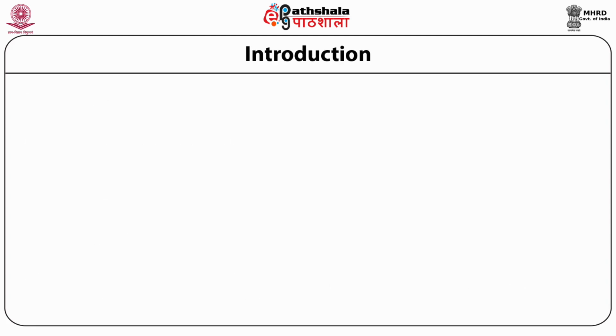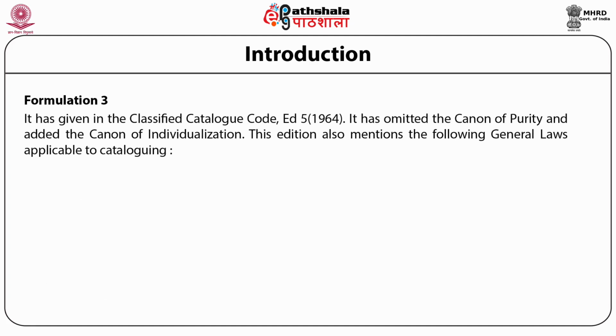The third development, or formulation number 3, is given in the Classified Catalogue Code edition 5, which was published in 1964. In this book, Canon of Purity was omitted and the Canon of Individualization was added. This edition also mentions the following general laws applicable to cataloging.